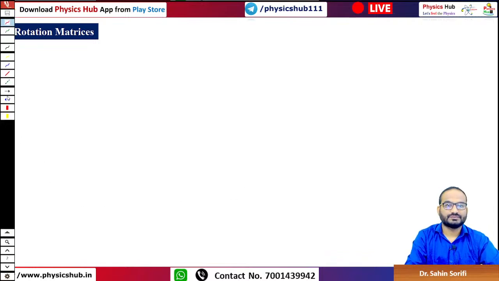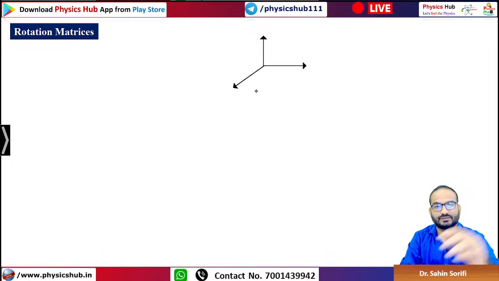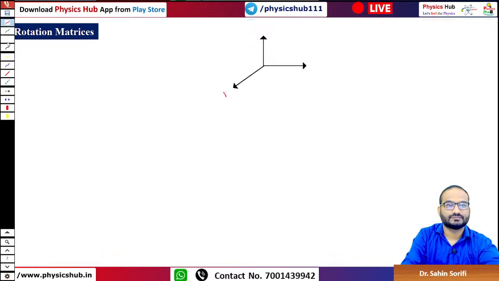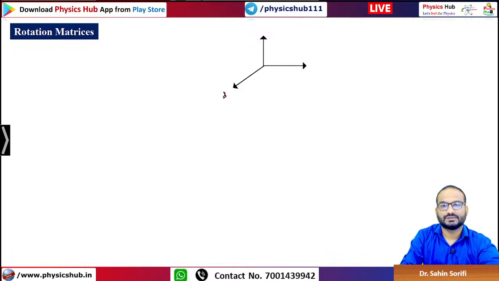Let's say I am making a rotation. As you know, three axes are there. Let's say this is your x cap axis, this is y cap, and this is z cap. You can make the rotation about the x-axis, y-axis, and z-axis.